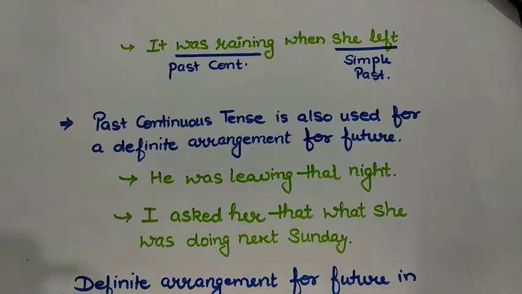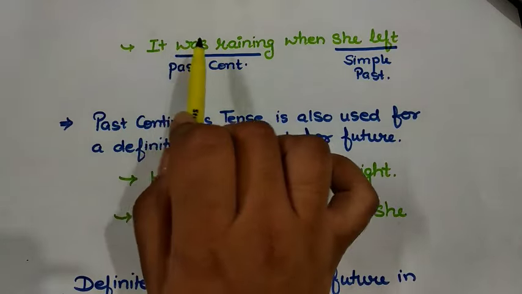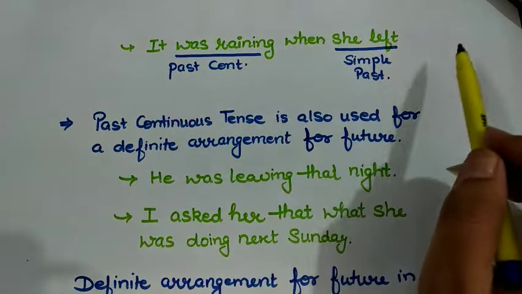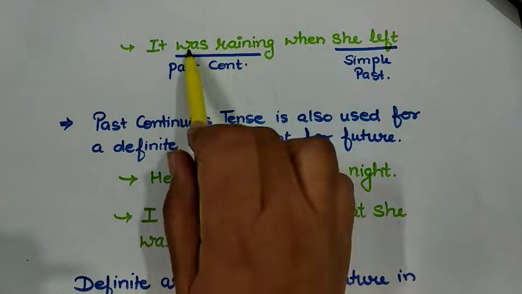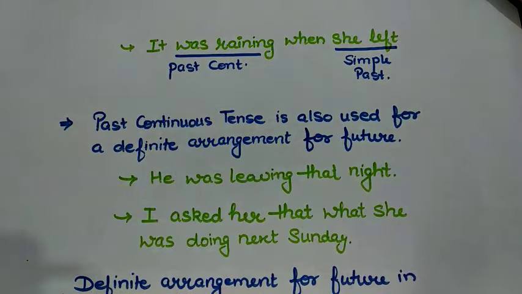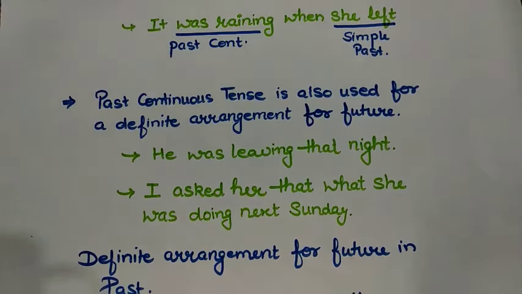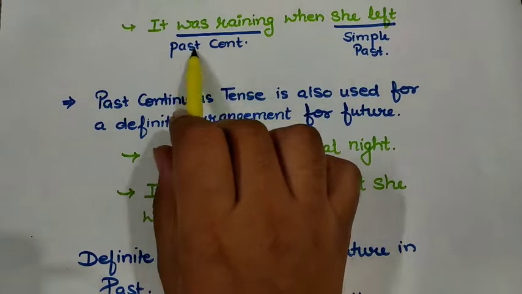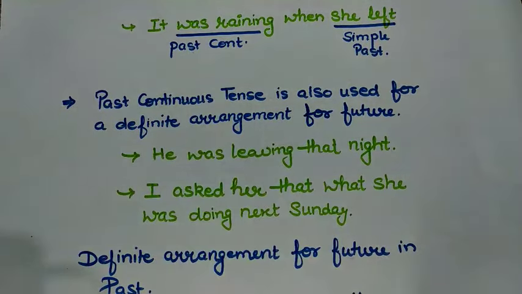Now you can see this also. It was raining when she left. See, it was raining means that action was taking place in the past. We have used past continuous here because it is an ongoing process, right? An action which is in progress.